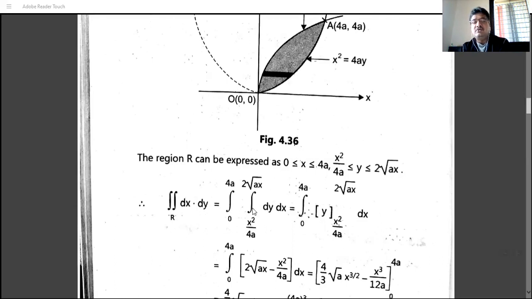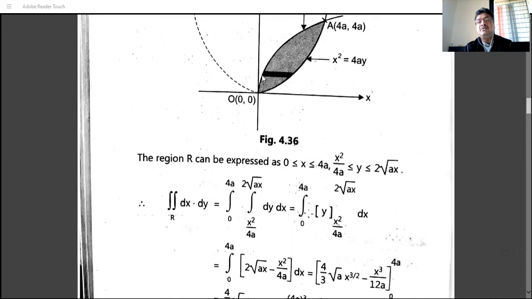Here the integration is with respect to y first, so write dy dx, and then write the limits of y first, and the outer integration is with respect to x. So how do we write the limits for differentiating with respect to y first?